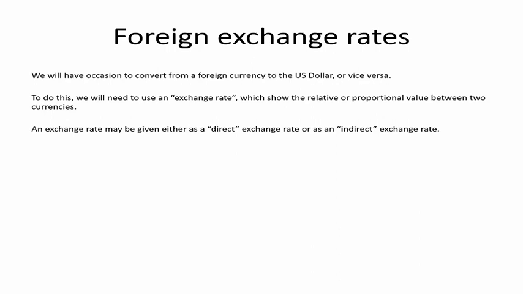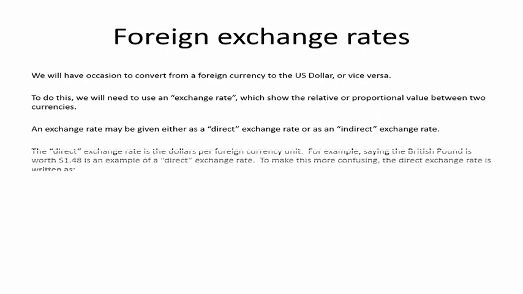An exchange rate may be given either as a direct rate or as an indirect rate, and they will not explicitly say this is a direct rate or this is an indirect rate. You need to be able to pick up on this either from the context or from the way the rate is written. The direct exchange rate is the dollars per foreign currency unit.